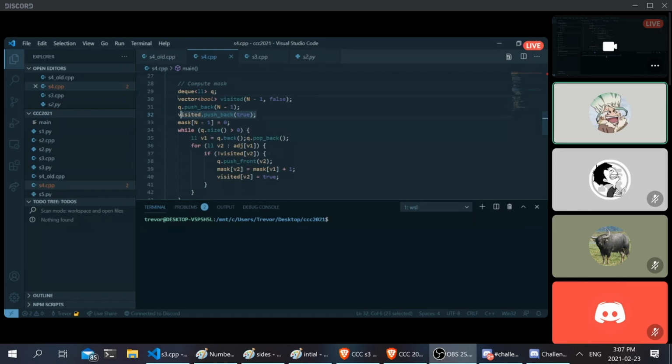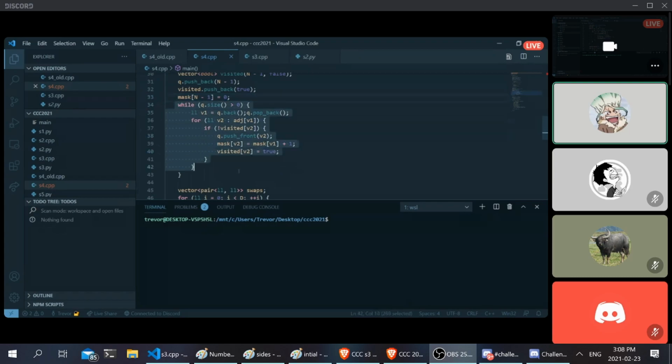In the visited vector, I made it one smaller than its actual size and filled it with falses. And I push back a true so that it gets to its actual size. The true represents the final station, so we've already visited that one. And then for the mask, for the last station, we set it to 0 because it takes 0 steps to get to the last station, starting from the last station.